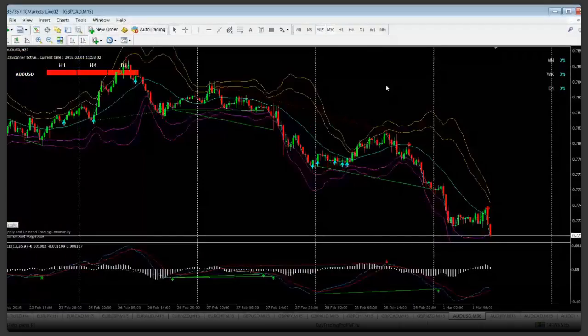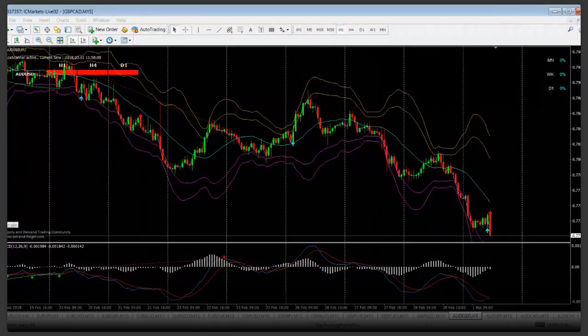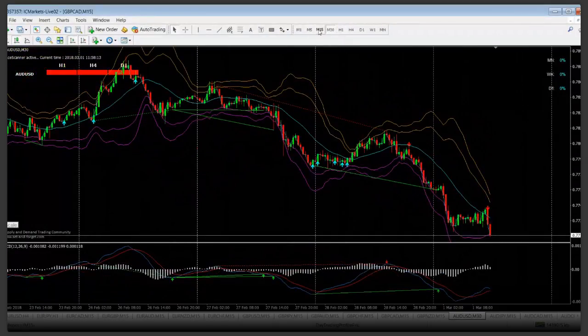On my longer term account, I've taken a longer term position on the Aussie. It's looking nice here to continue lower.